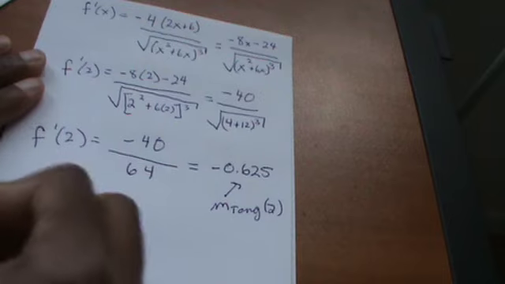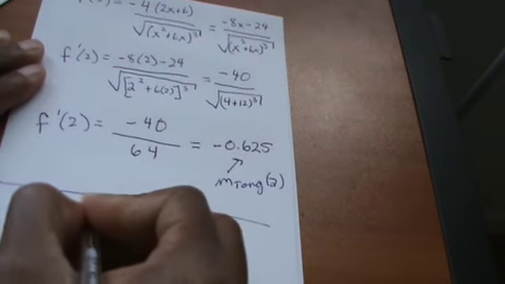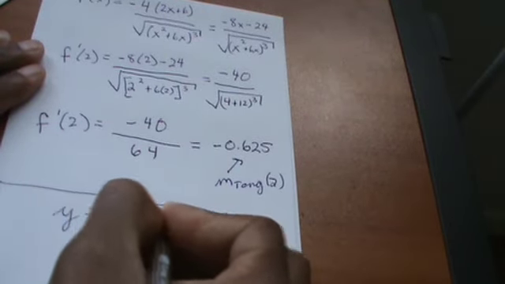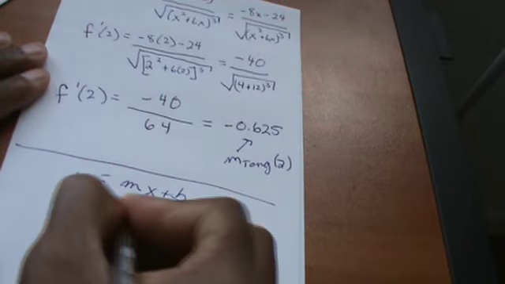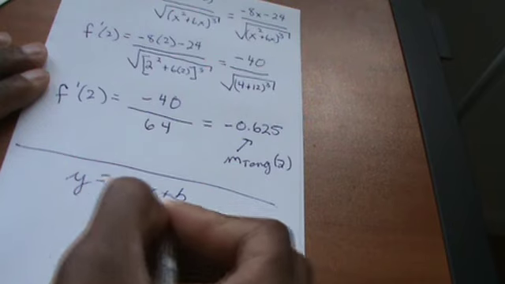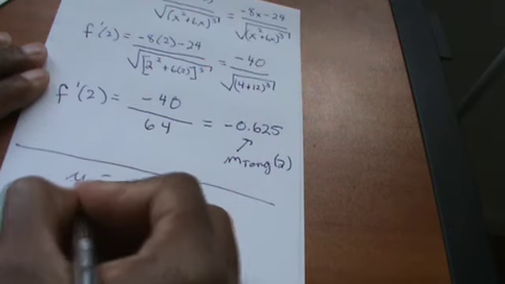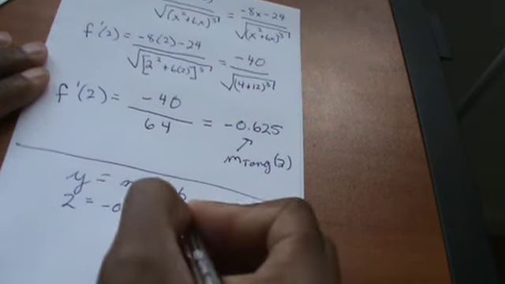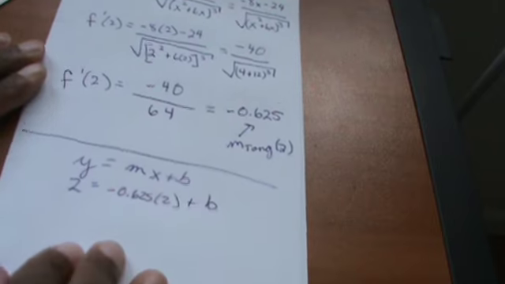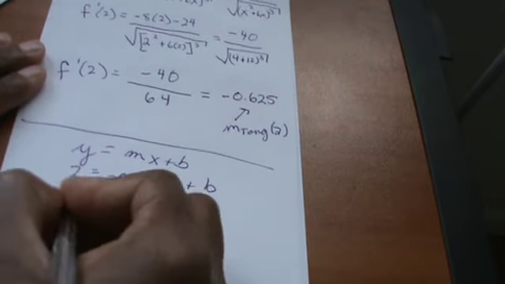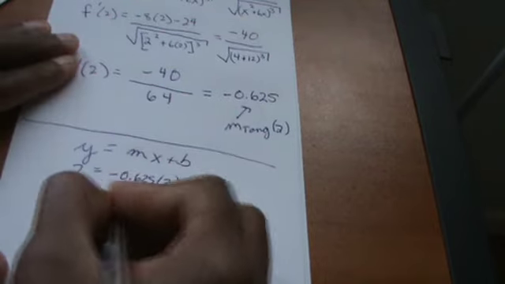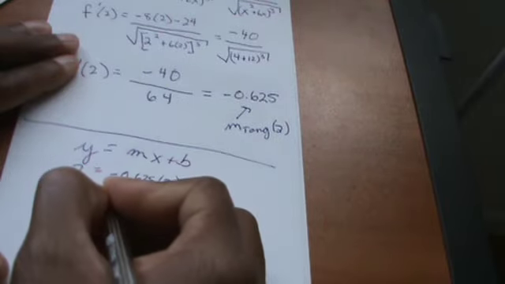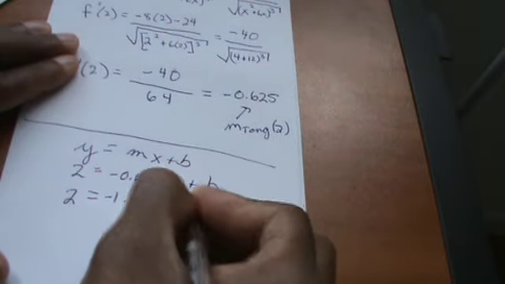So here, we get y equals mx plus b. Well, now our slope of our tangent line is negative 0.625. The x value is 2, and the y value is 2. So it's just a matter of solving for the b. Let's see. 2 equals negative 1.25 plus b.